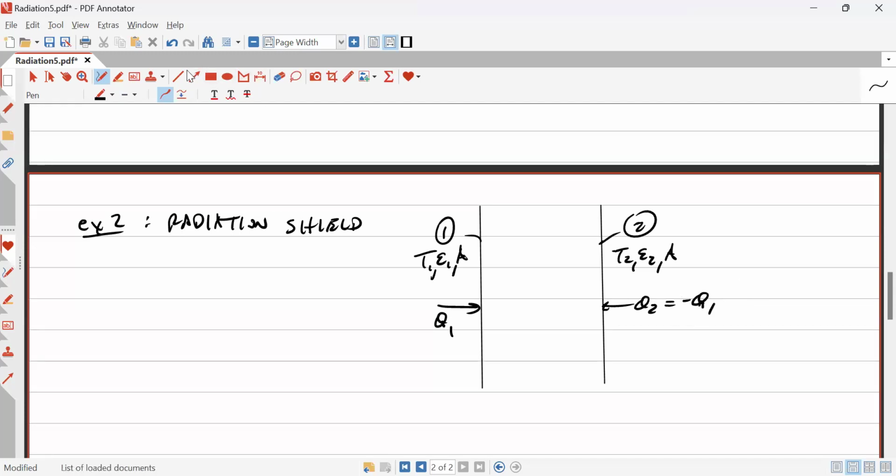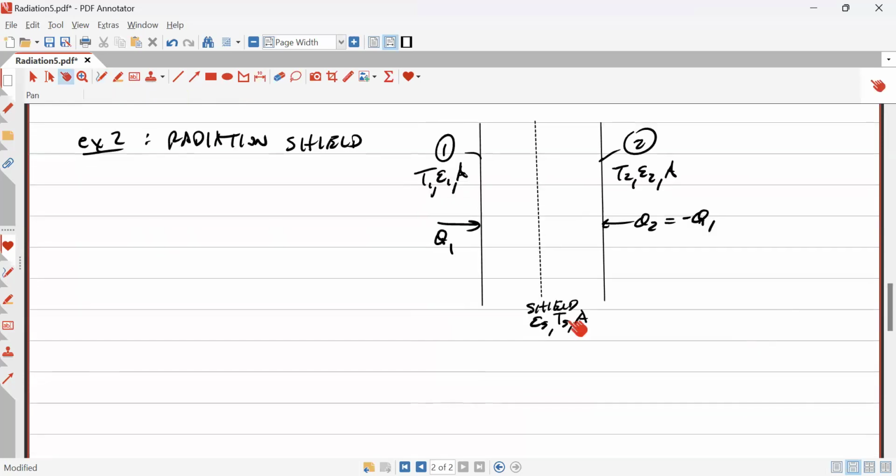Great. So what makes this interesting is we're going to stick in the middle a radiation shield. So think of this as a thin material that's being placed in the middle to block radiation going from 1 to 2. So here's our shield. And the shield has some emissivity epsilon sub s, but also has a temperature Ts, and it also has an area A, just like surface 1 and 2.